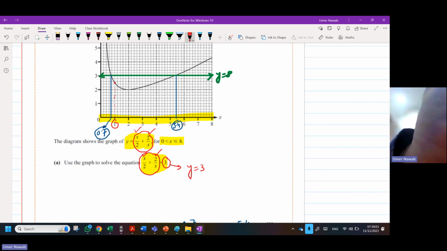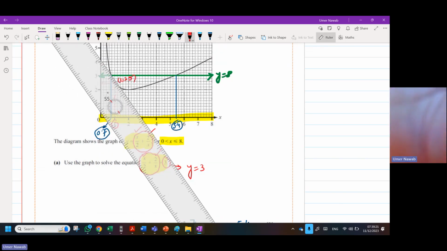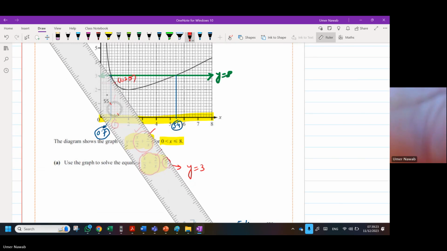This point has the x coordinate 1. Can I check what is my y coordinate respective to that? So 1 and 2.5. So this point is (1, 2.5). I need to draw a tangent. So bring your ruler towards this point. So this would be the tangent.